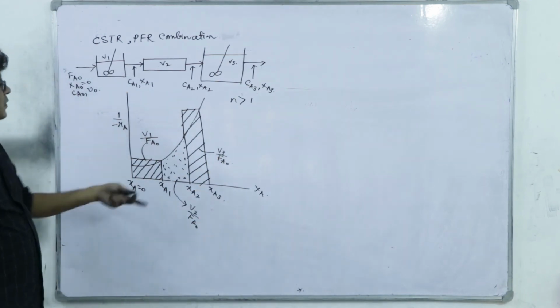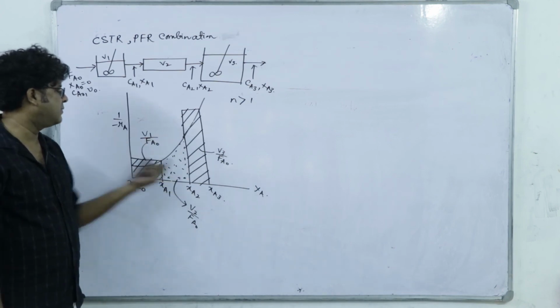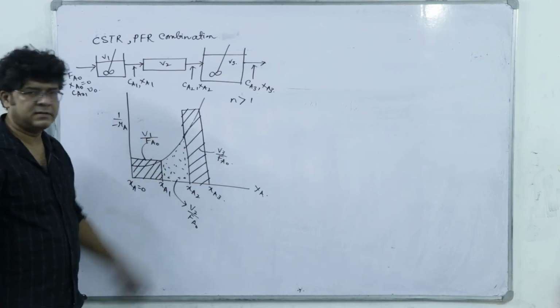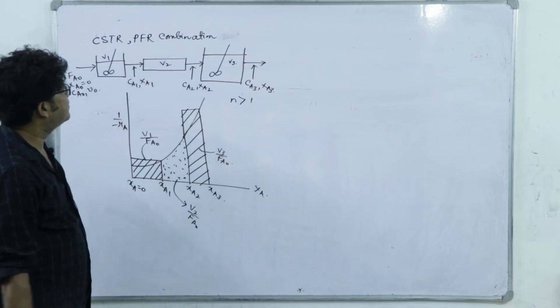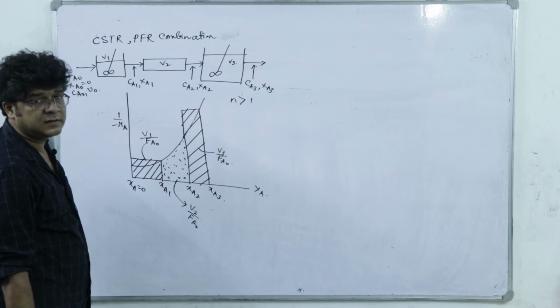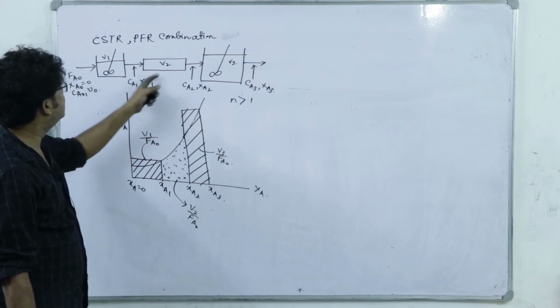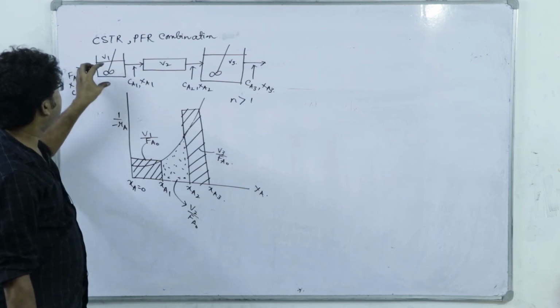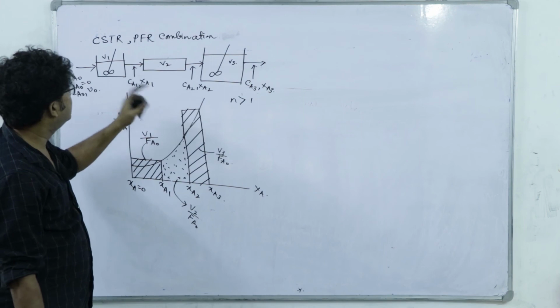Now how can we solve for the best possible arrangement? Because alternatively we can have the larger Cstr first, then PFR, then this. So combination-wise it is 3C1. How many possible combinations? 1, 2, 3, then 2.